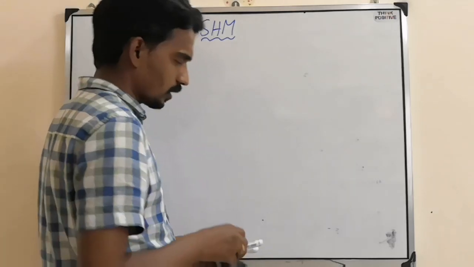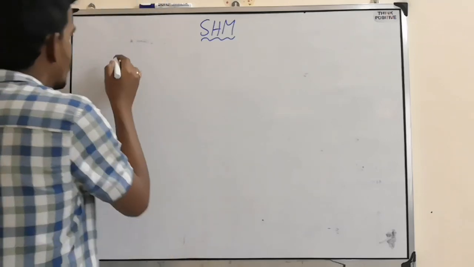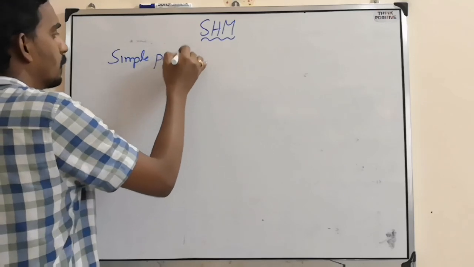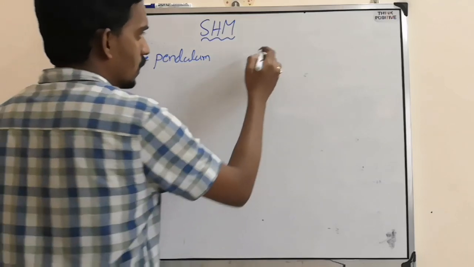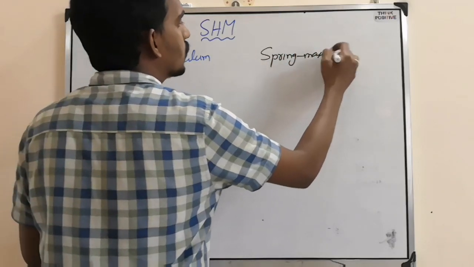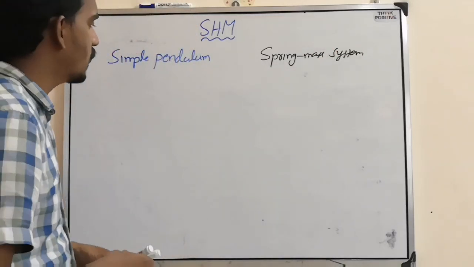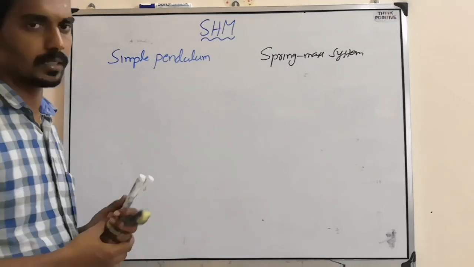What are the two cases? One is the simple pendulum, and another one is the spring mass system. These are the two cases based on which usually questions will be asked in the CET or NEET entrance.